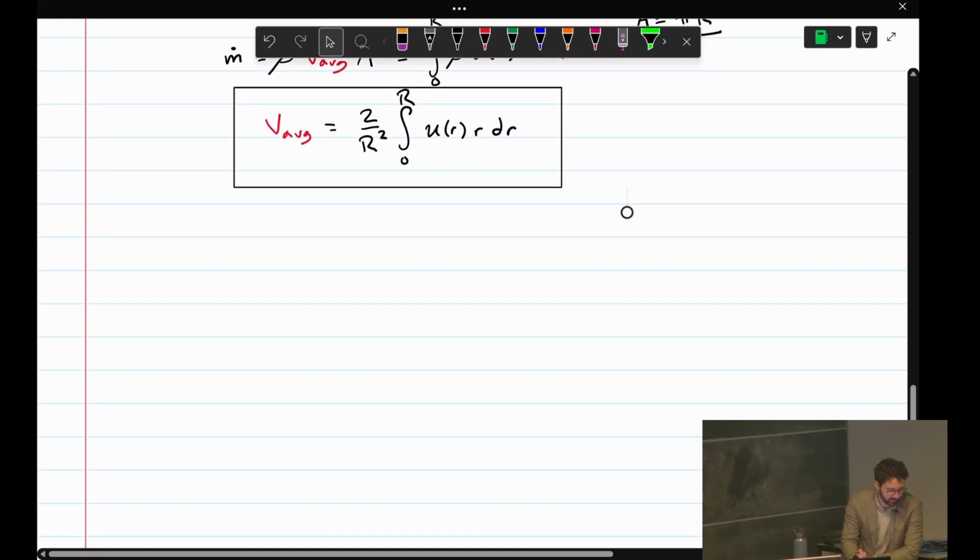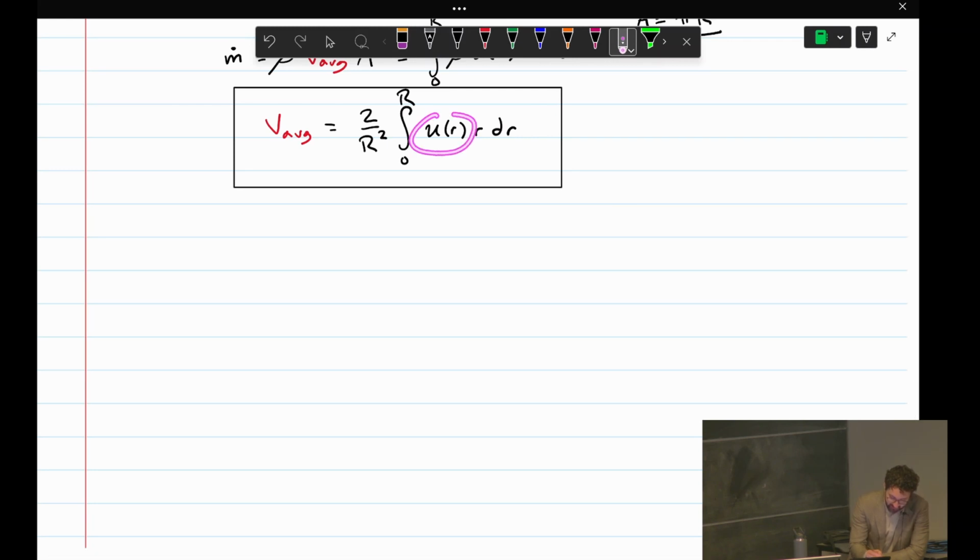Let's talk about the velocity profiles that we get now. So this velocity profile u of r is clearly of a lot of interest. So I will give these non-dimensional profiles u of r over u max, and u max is at the center line. CL means center line. And that's equal to, it depends on whether it's laminar or turbulent.